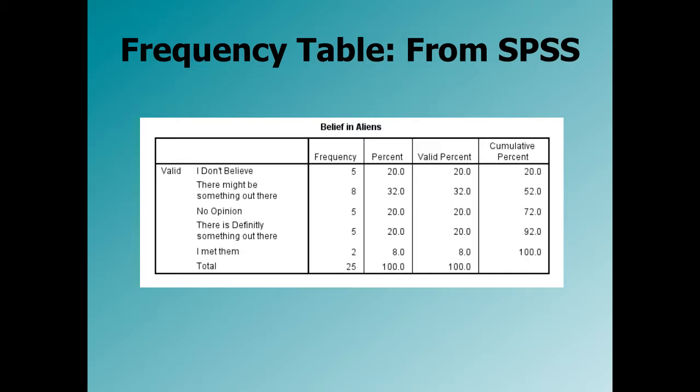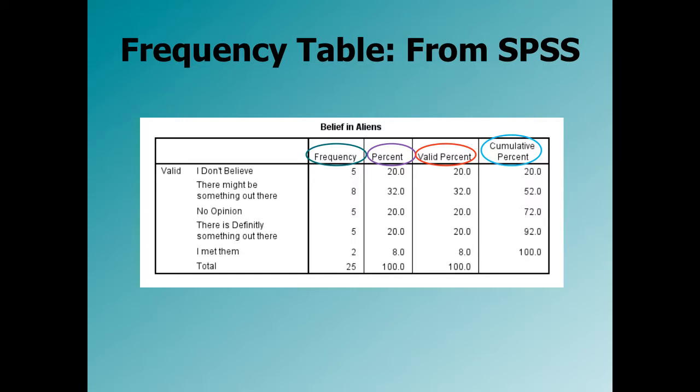And what you can see here, for example, is that 72% of our participants, which is this running total right here, either do not believe in aliens or have no opinion, but they definitely do not have a solid belief in aliens, right? So instead of just going here and adding those numbers, we can simply go up to the level of no opinion and draw a line across and realize that this is 72% of our participants.